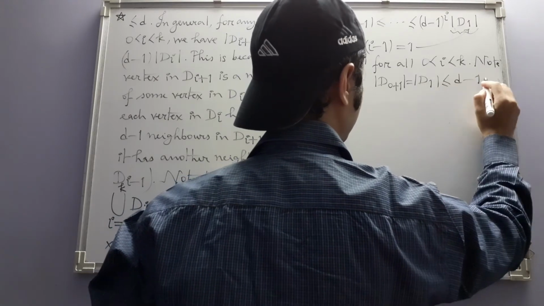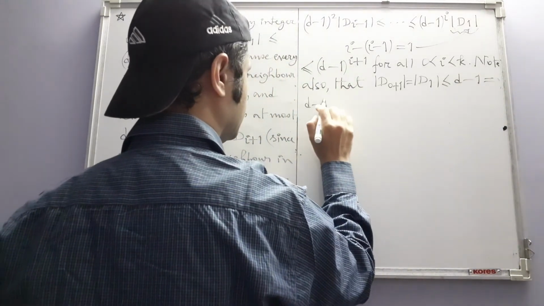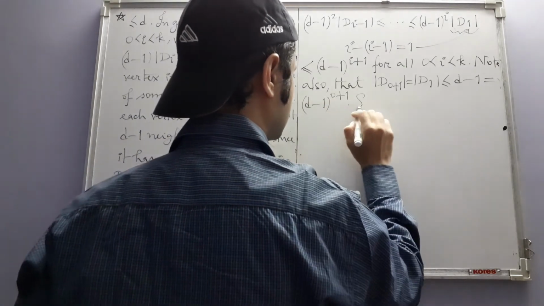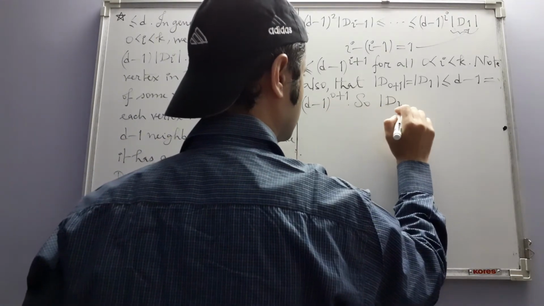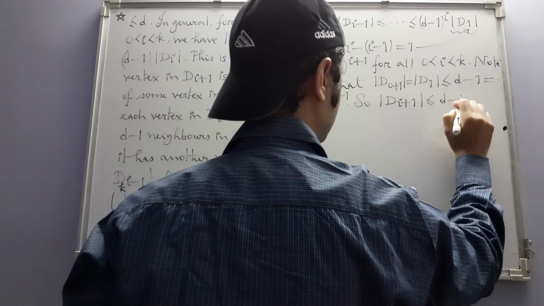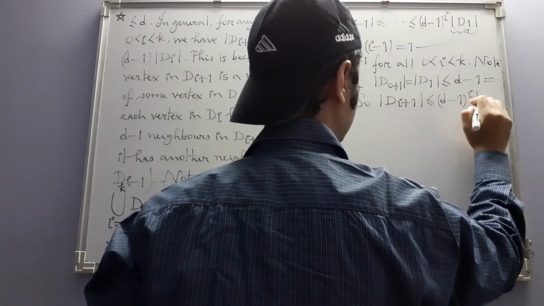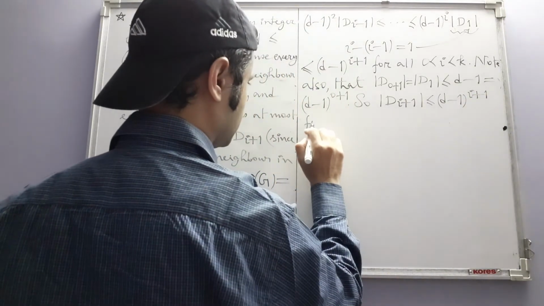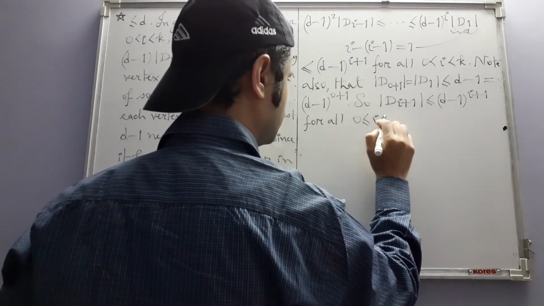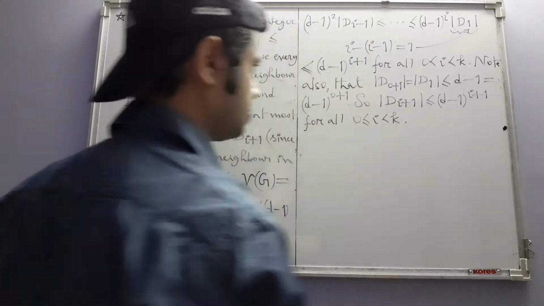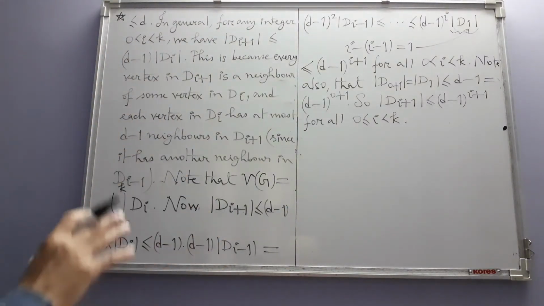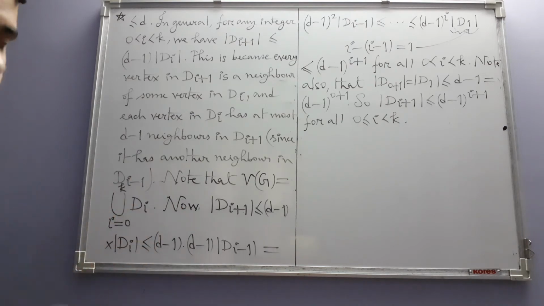This we already know, and d minus 1 is this. So okay, we have got these upper bounds for the sizes of the sets di.